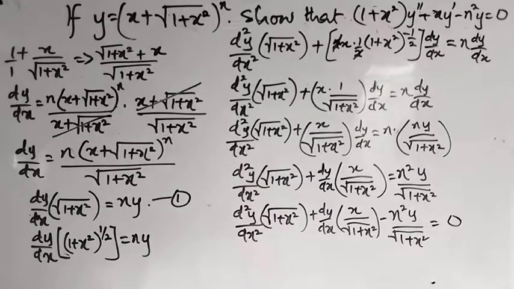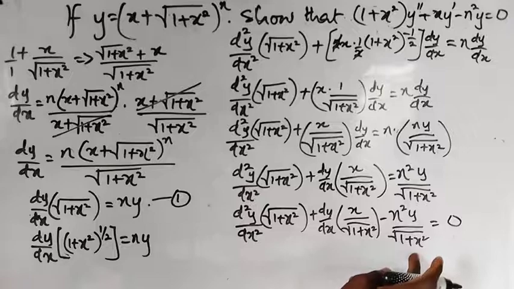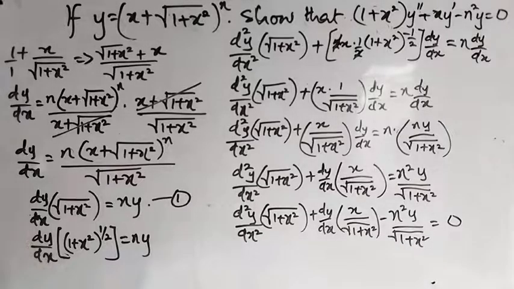Okay, I guess we are heading somewhere. Now what is the common factor here? This is a common factor here. So what we just need to do, let me clean here again.